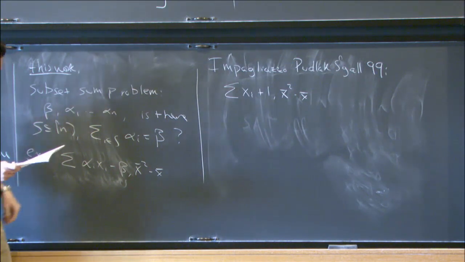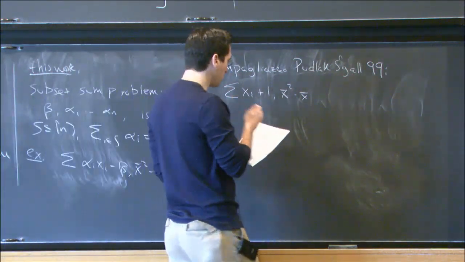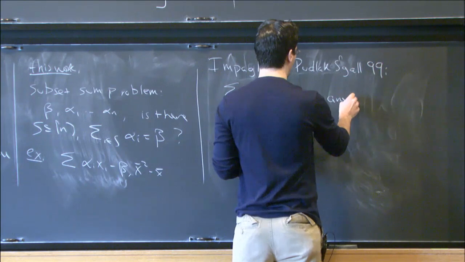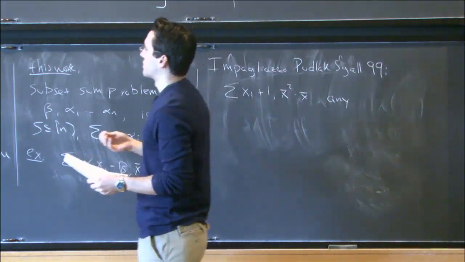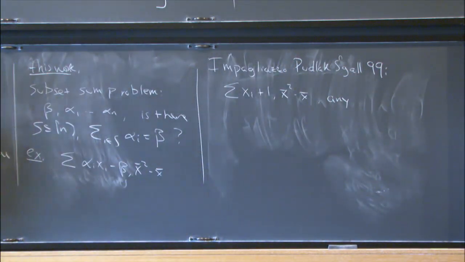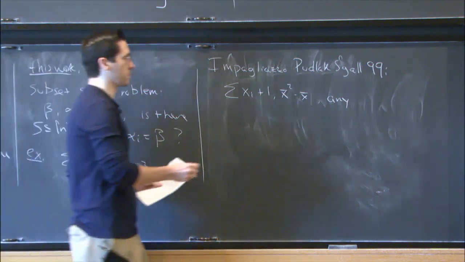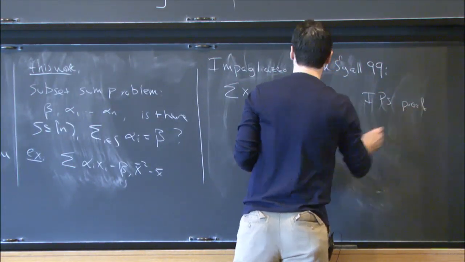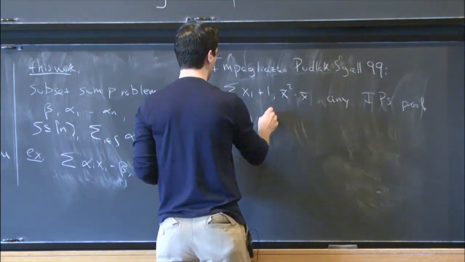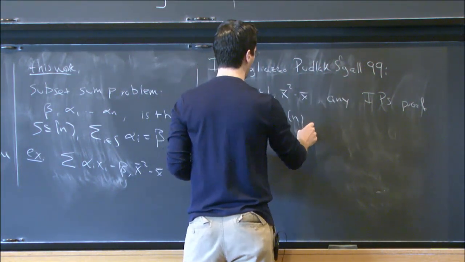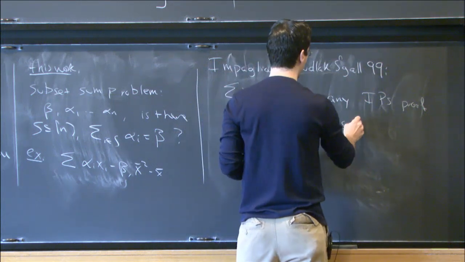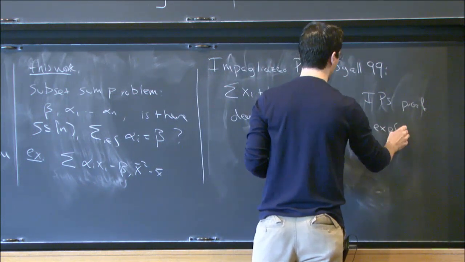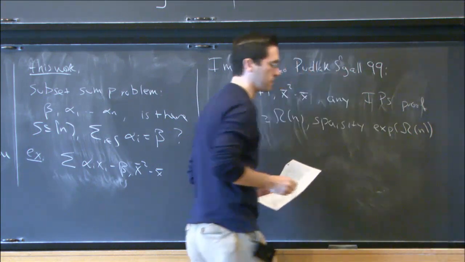And what they were able to show is that, they didn't really use this term IPS since it wasn't defined yet, but they looked at Nullstellensatz proofs, which in this case is the same thing, and they showed that basically any IPS proof is of degree omega of n and sparsity exponential in n.